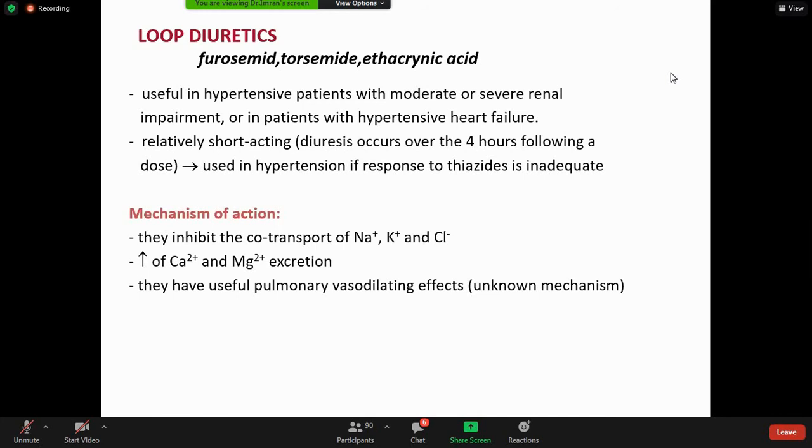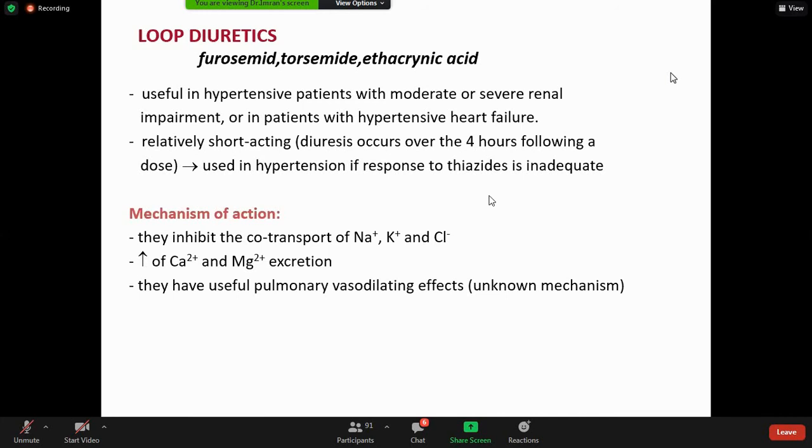That is why, as a clinical correlation, a question can be asked: if a patient has a history of osteoporosis, which diuretic can we prefer? That is the thiazide diuretic. They have a useful pulmonary vasodilating effect. The mechanism is not clear, but it is responsible for reducing pulmonary hypertension.